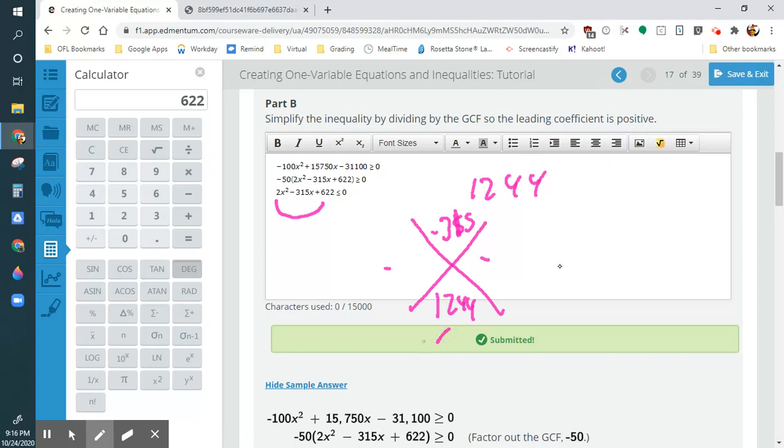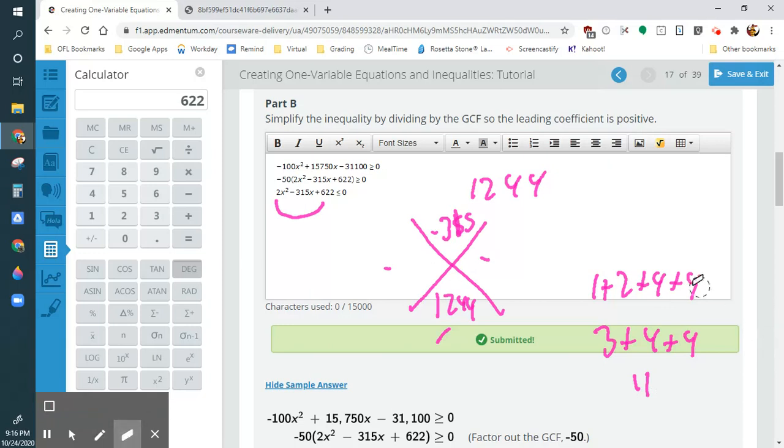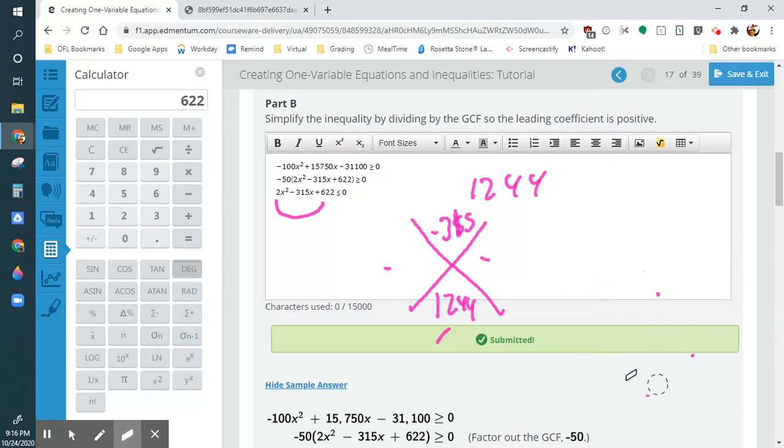If I divide by 1 plus 2 plus 4 plus... I'm trying the divisibility rules. It's 11, so I know it's not divisible by 3. Let me try 7. Can I divide this by 7?